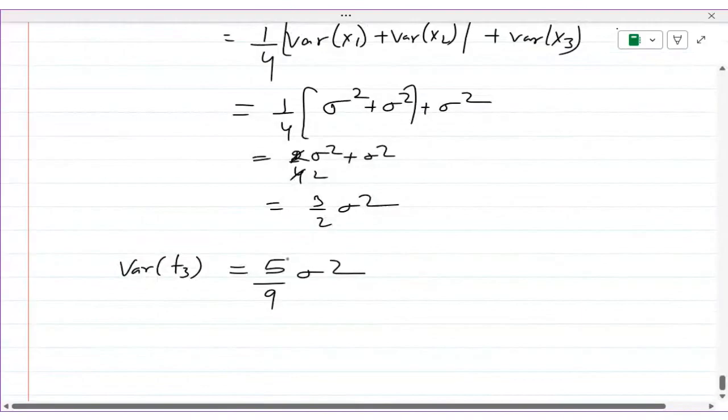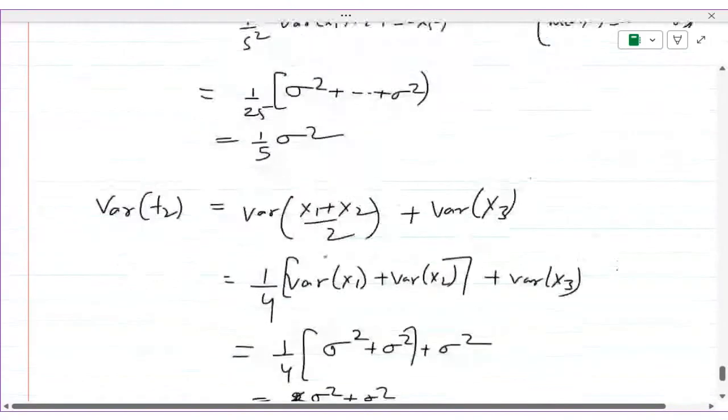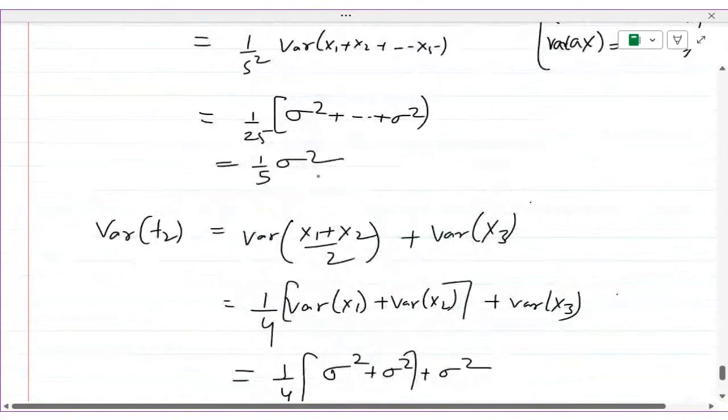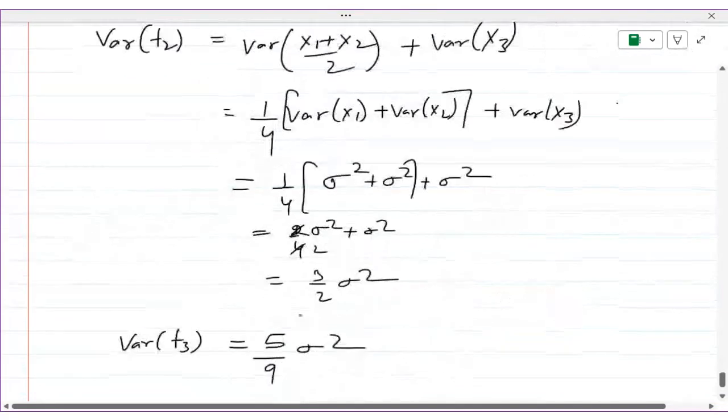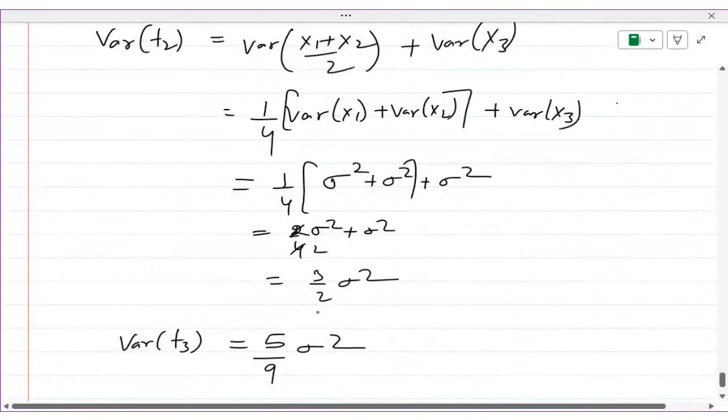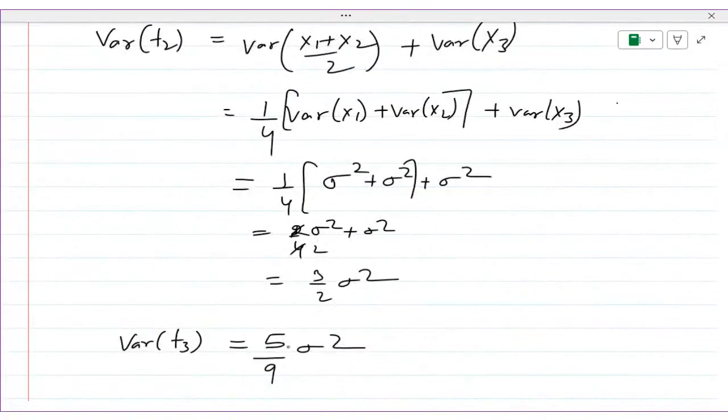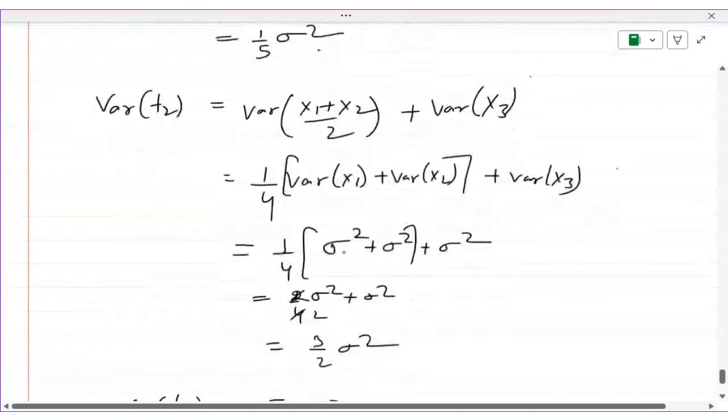So now you need to compare out of these three which one is smallest. Is 1 by 5 smallest, or is 3 by 2 smallest, or 5 by 9 smallest? So which one is smallest?